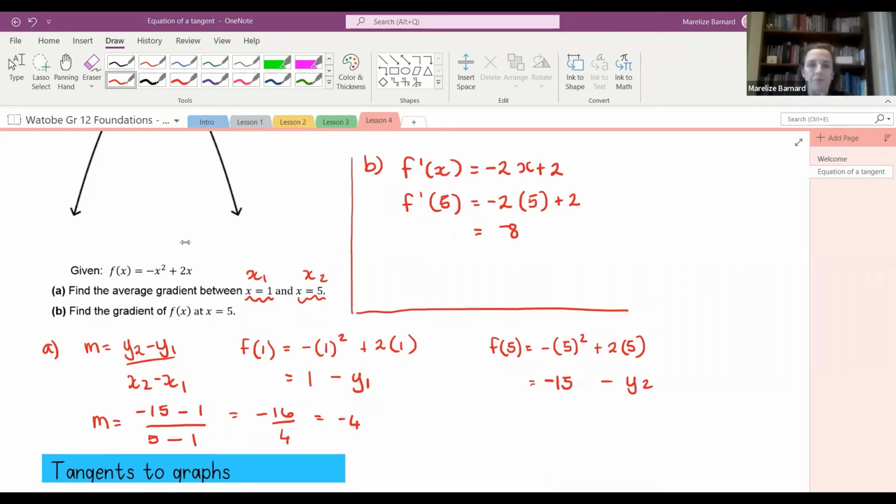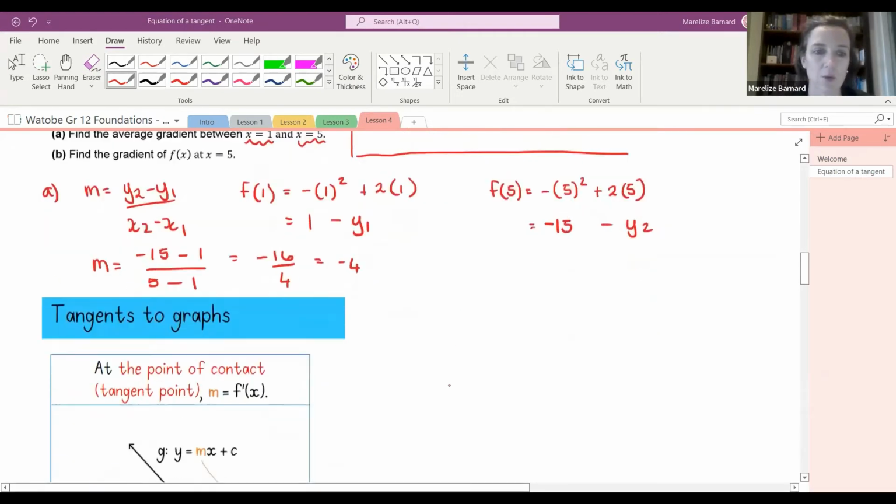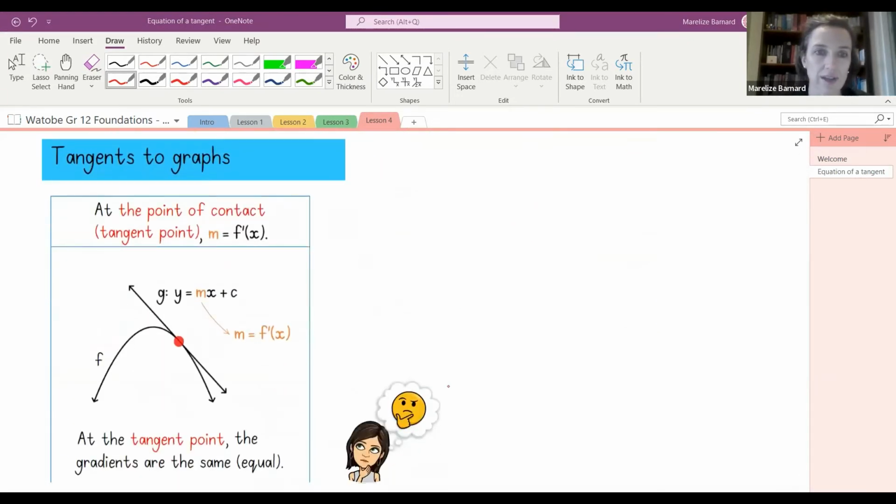Good stuff. So it's important to understand that distinction between the average gradient and the gradient at a point as we go into calculating the equation of a tangent now. Let's have a look at this. Short explanation, basically stuff that we've just been saying. At the point of contact, the gradient is equal to the derivative.